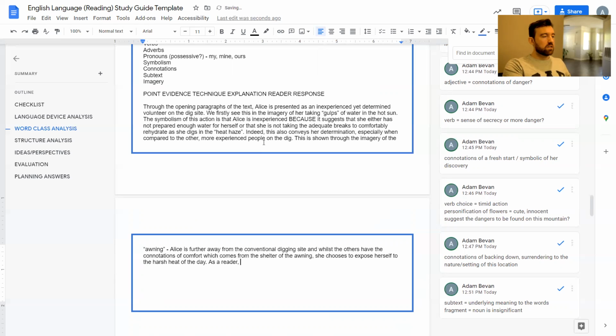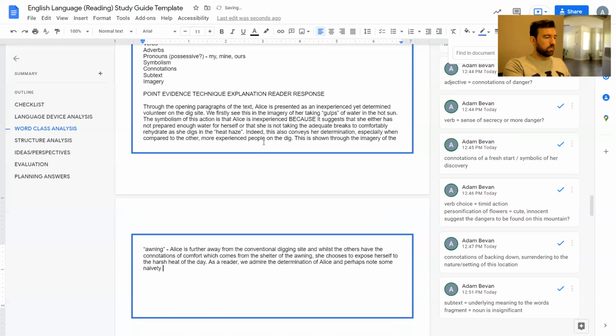As a reader, we admire the determination of Alice and perhaps note some naivety in her. Yeah, I think that's good. I could go on, but I think that that's a pretty decent sort of starting point to this paragraph.